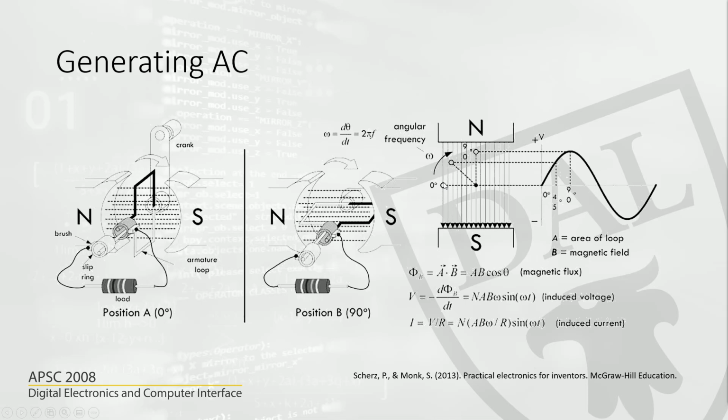So what happens is, when it is at zero, you don't have any magnetic lines being cut by these conductors. You can see it is moving parallel to the magnetic field lines. So there is no voltage induced at this point. That's why it is zero.